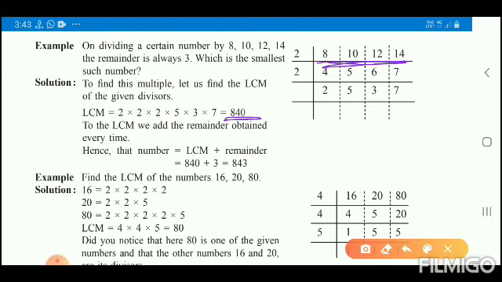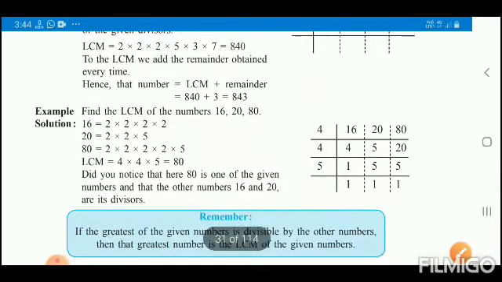To the LCM we add the remainder obtained every time. Hence LCM plus the remainder. What is the remainder here? The remainder is 3. So when we add, you will get the answer 843.